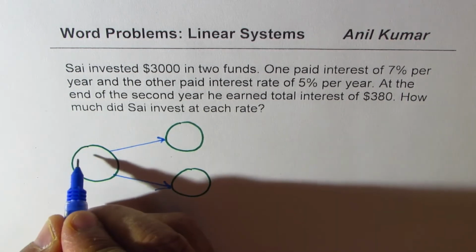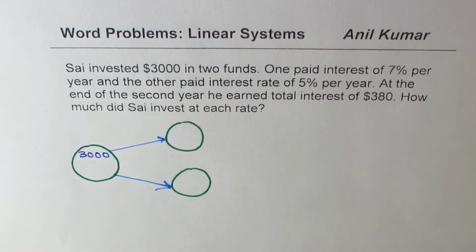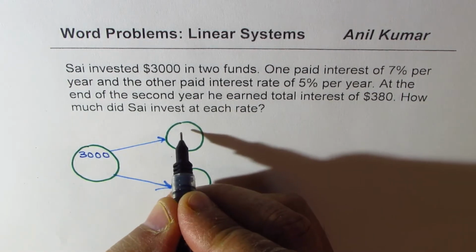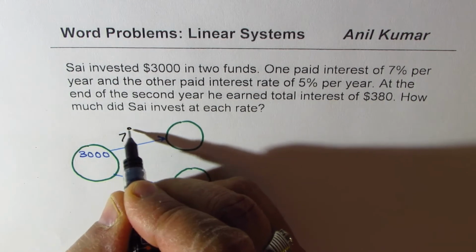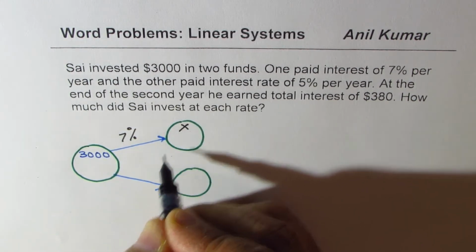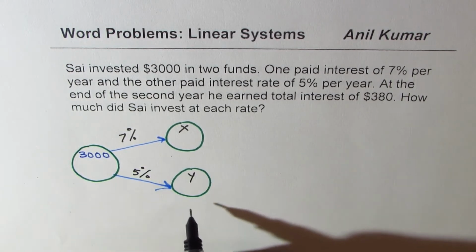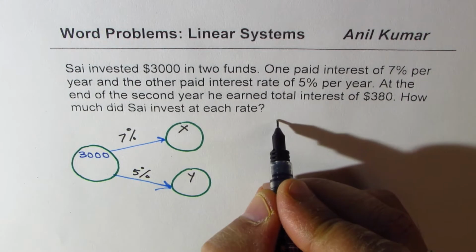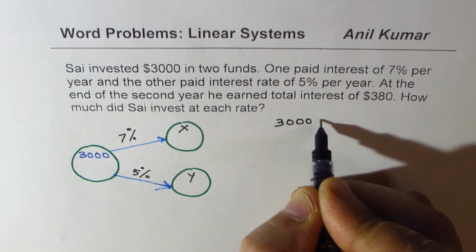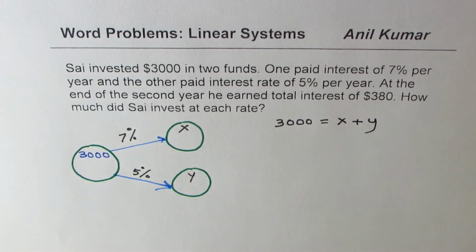Now the amount given here is 3,000. Let the amount invested at 7% be, let us say, X, and at 5% be Y. Since the amount is 3,000, we know 3,000 should be equal to X plus Y. So that is how you get your first equation.